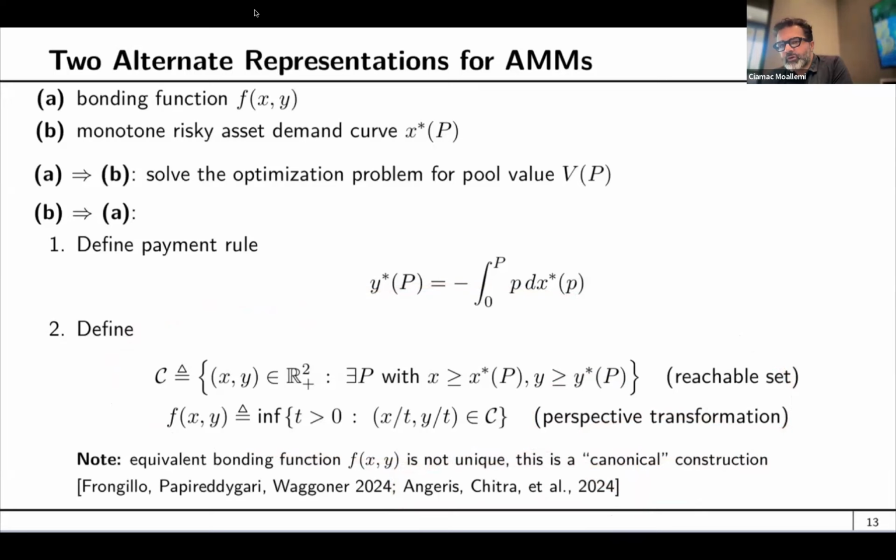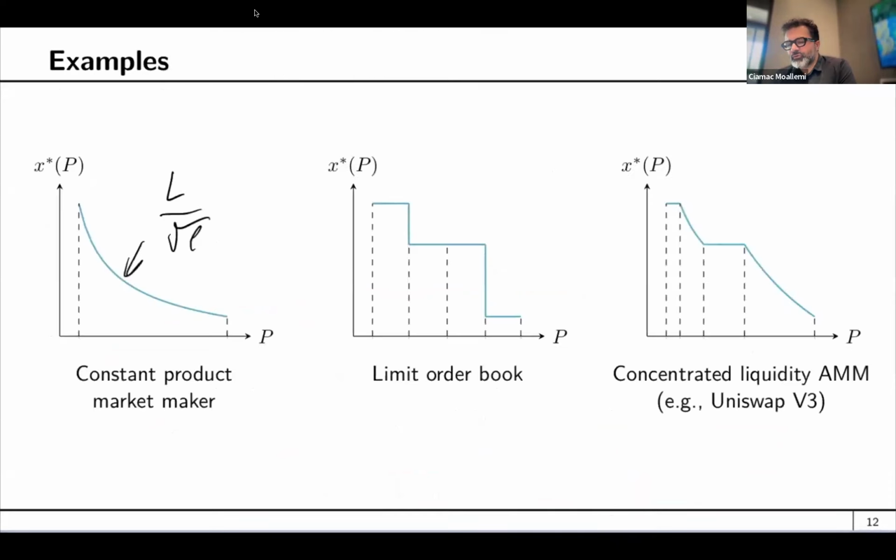So where I'm going to end is basically the idea that it's much more natural to think about these automated market makers not so much through the invariant function, which is usually the way that practitioners define them. The invariant function, in my mind, is at best a computational device.